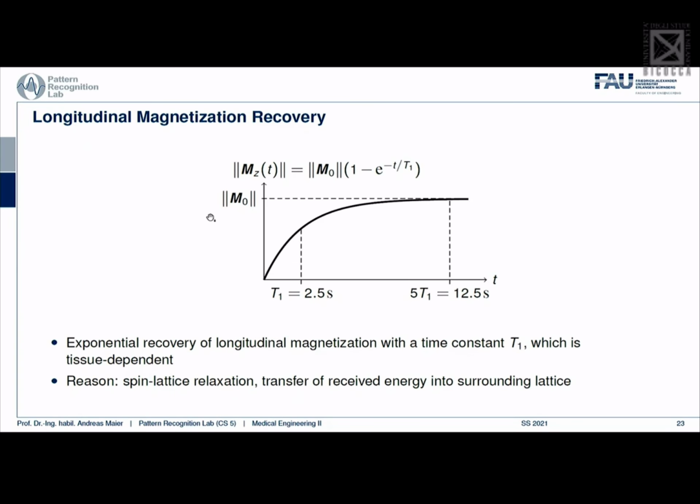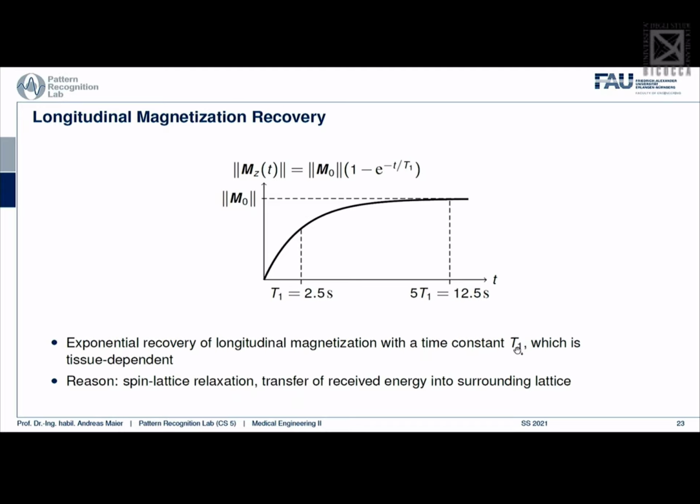So if you measure the longitudinal magnetization, it will behave like this. It's an exponential phenomenon with a characteristic time which we will call T1. After the excitation it's 0, and it starts to increase in an exponential way with a characteristic time T1.